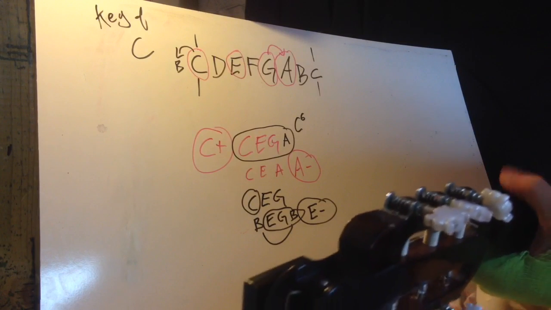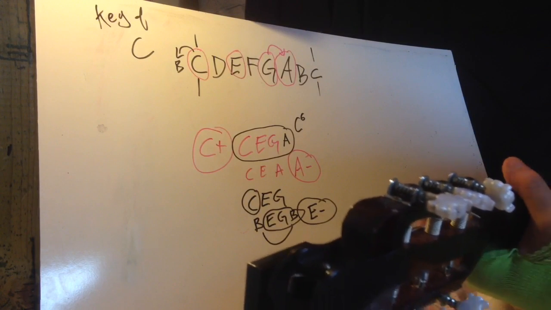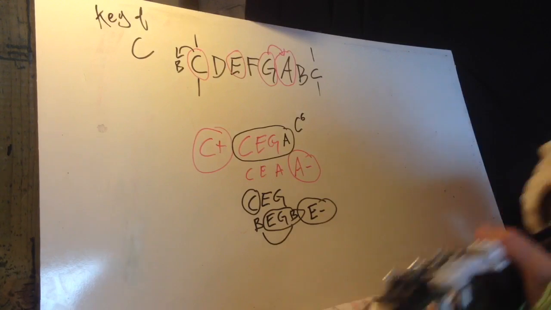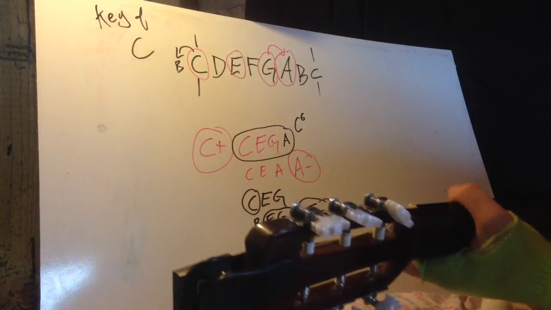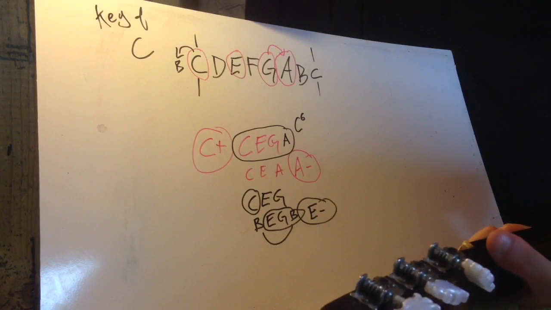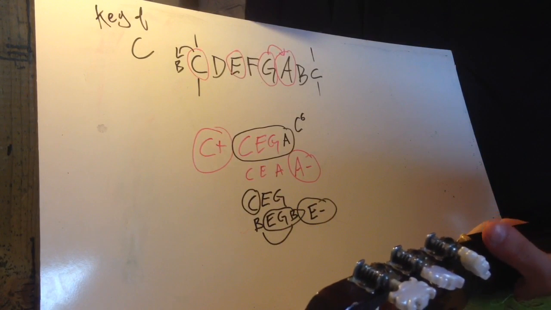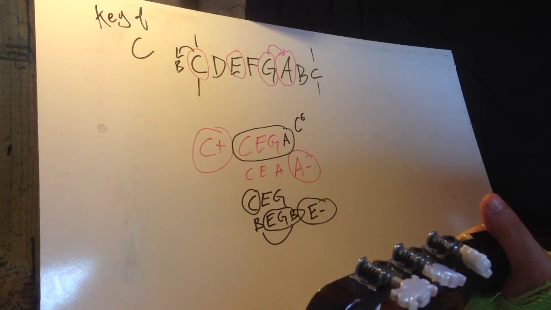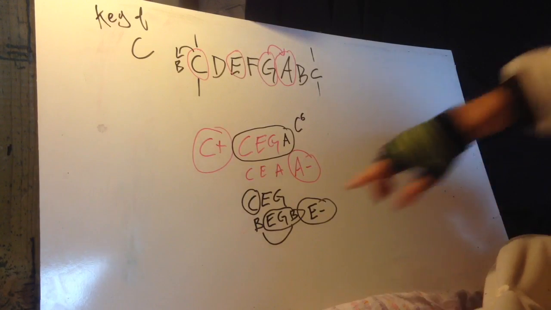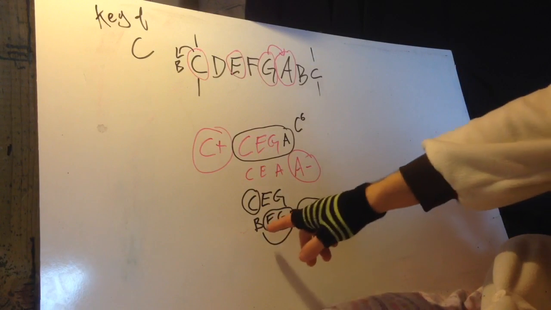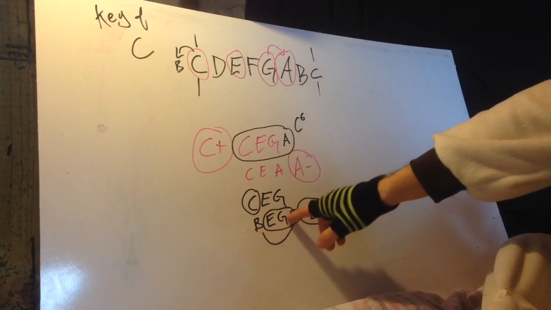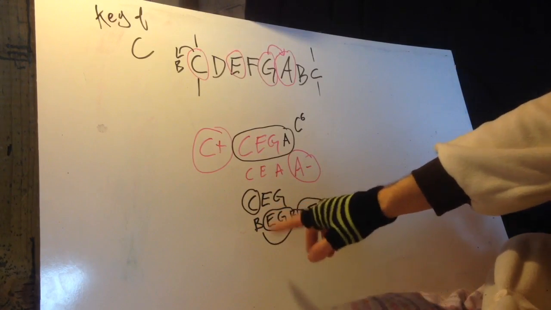Alright, sounds different, I get it. But how different are we talking about? If we were playing C right here, and we just move that C down to the B, right there is your E minor chord.